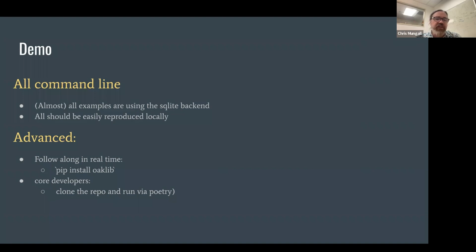But if you do want to try, if you're already familiar with installing Python packages, just doing a pip install oaklib should give you everything that you need, and it should put the Oak command ready to use on the command line.